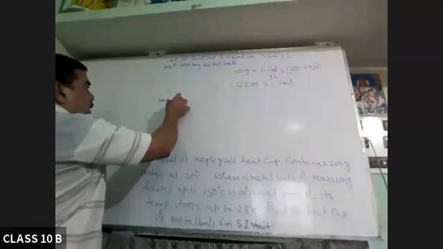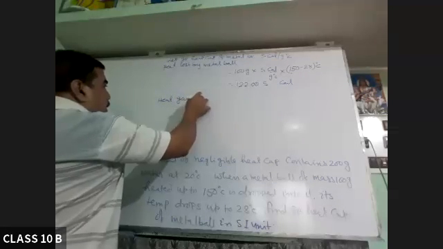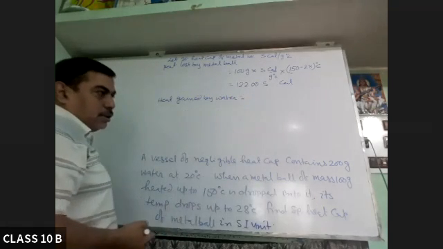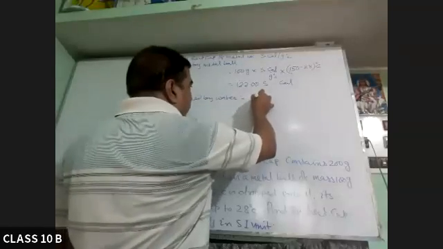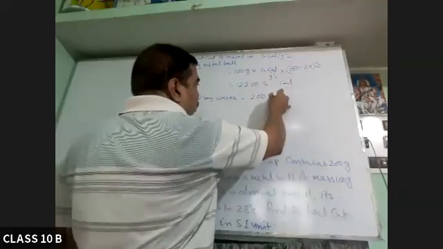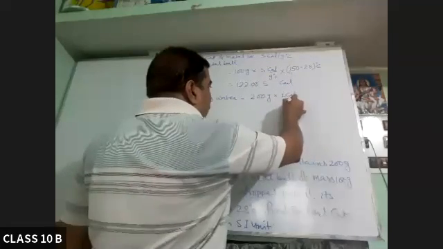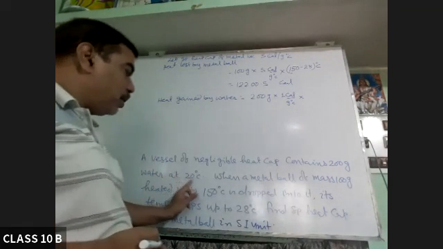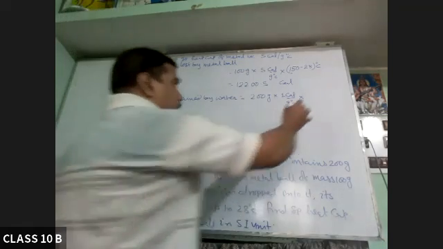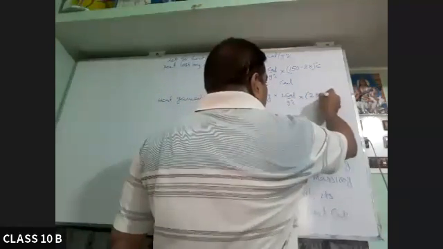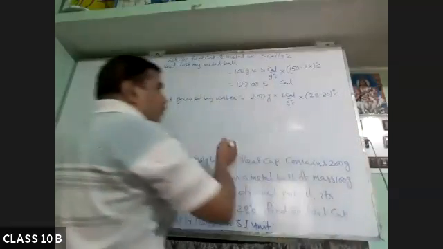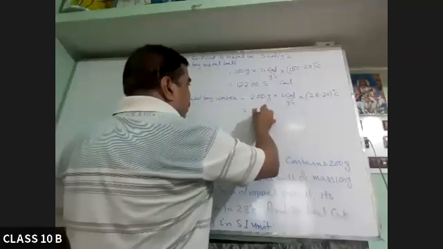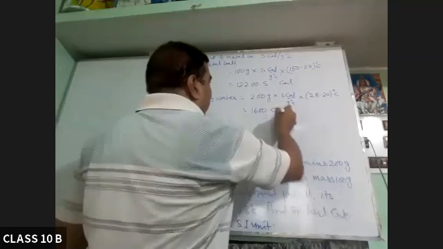Now water is going to gain heat. Heat gained by water. Mass of water is 200 grams. And since we have taken calories, here also we take calorie only: 1 calorie per gram degree Celsius. Its temperature rises from 20 degrees to 28 degrees, so 28 minus 20, it is 8. 8 times 200 is 1600 calorie.